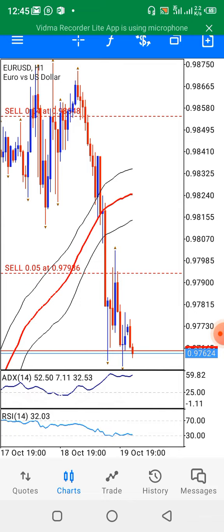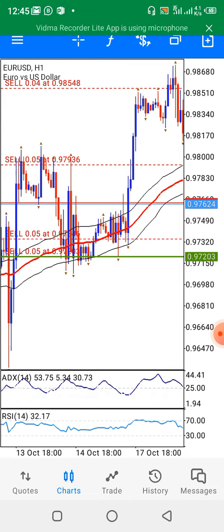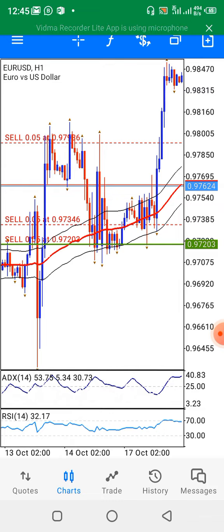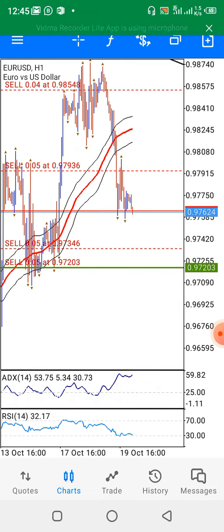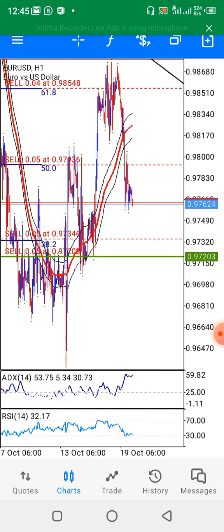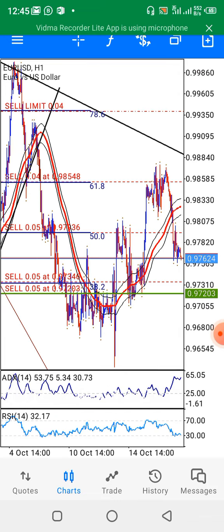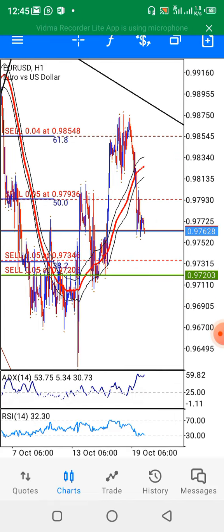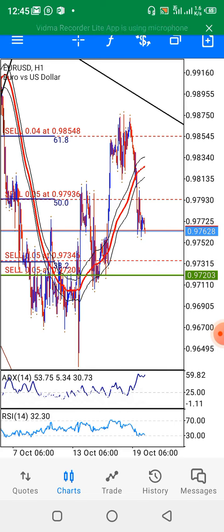So on Euro USD, I have how many positions here? I have 0.04. On my strategy, one of them, the 78.6, has not been triggered. So I have my 61.8, 50 and 38.2 Fibonacci, which have been triggered, and I'm currently in profit.